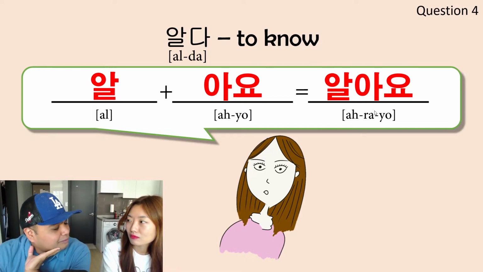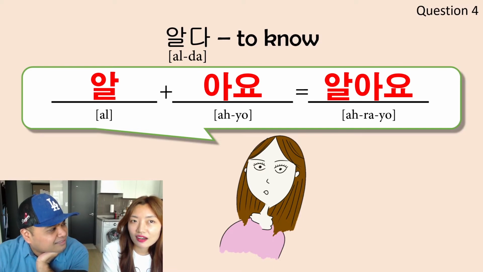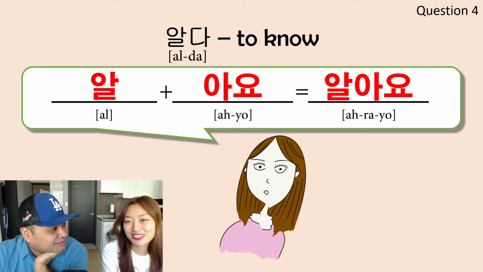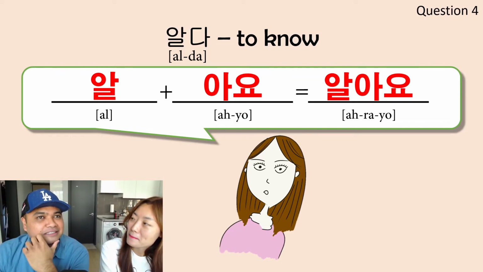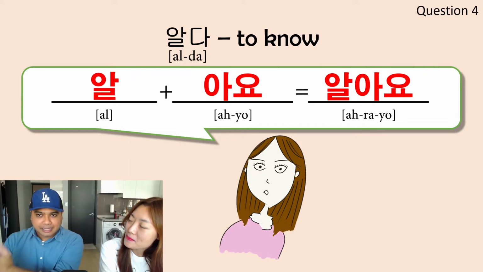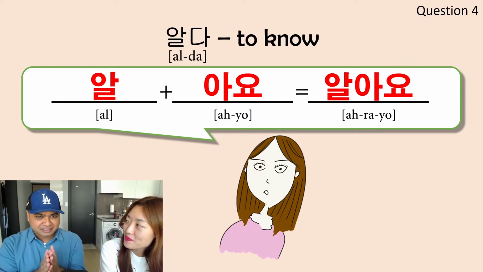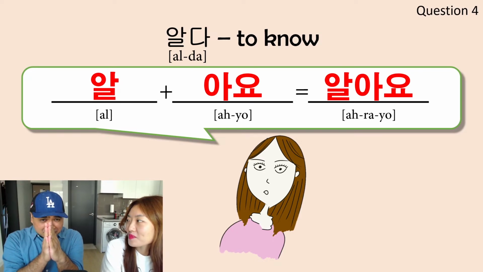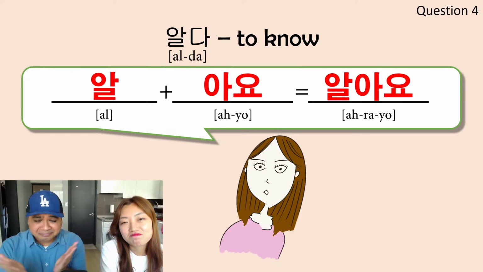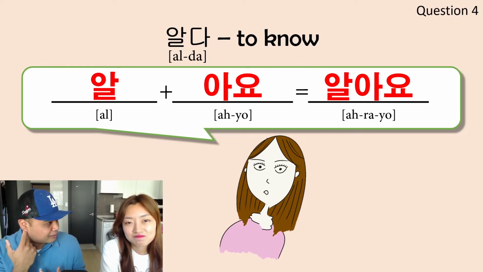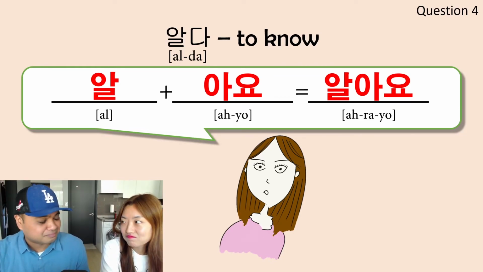In my ears, it's closer to an R. To me it sounds like L and R. Really? I guess because in English we have very distinct L or R, but Korean has that in between. Sometimes it's closer to an R, sometimes closer to an L. And I think we can pick it up easier than you guys can.